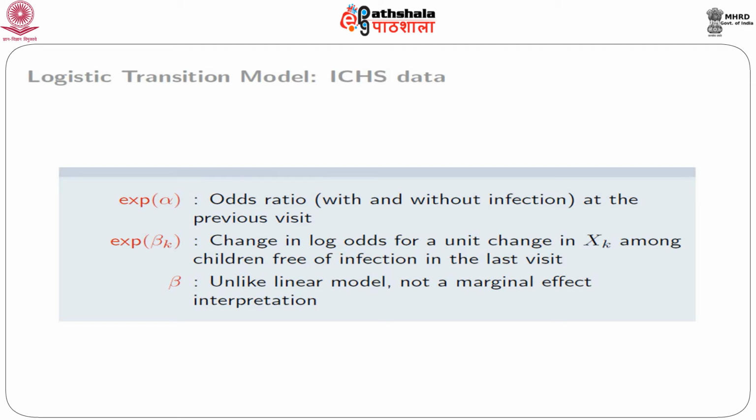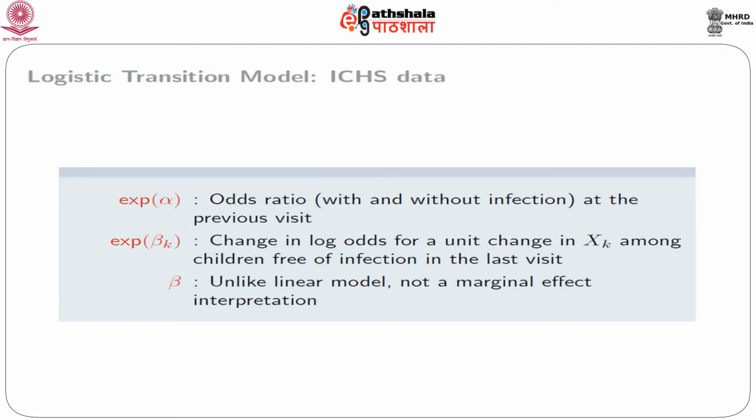One thing to note is that beta_k is the change in log odds for a unit change in x_k among children free of infection at the last visit. That last visit is important.